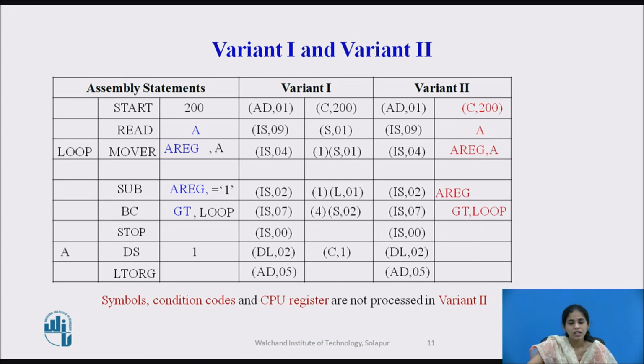The remaining we convert. So C comma 200. After that we generate L comma 01 and then C comma 1. Means in variant 2 we are not processing the symbols, condition codes and CPU registers. So this is variant 2 for the given assembly statement.